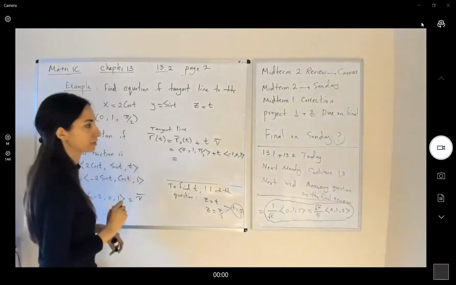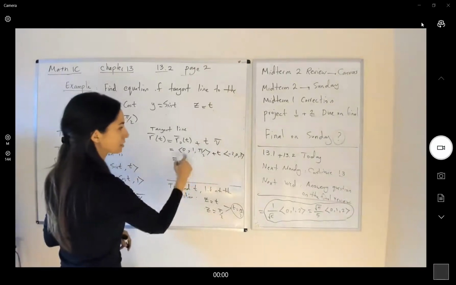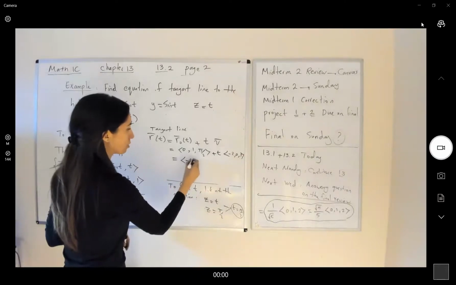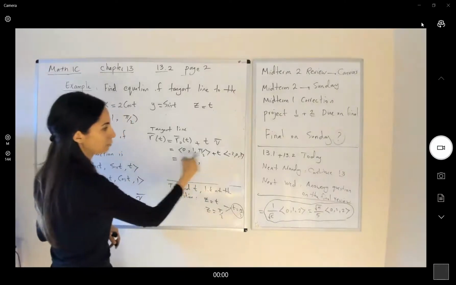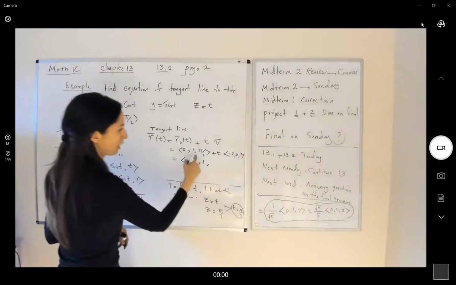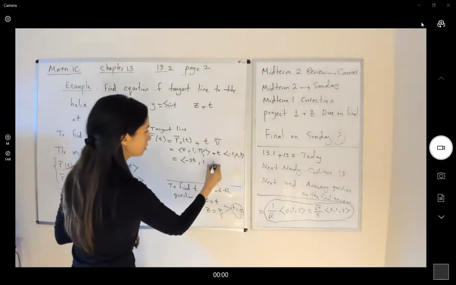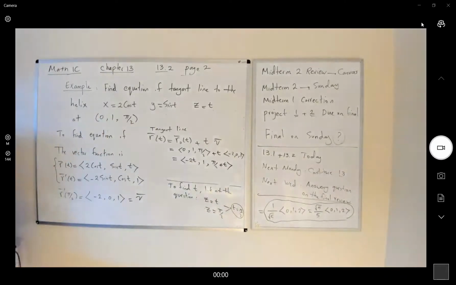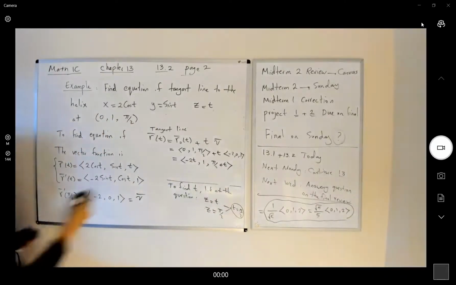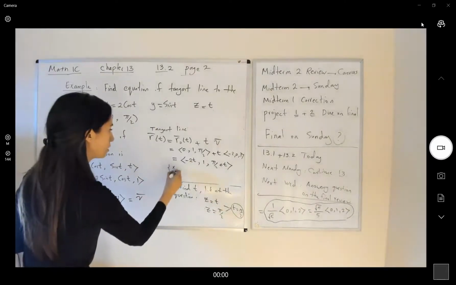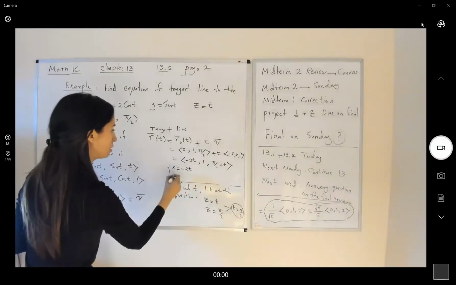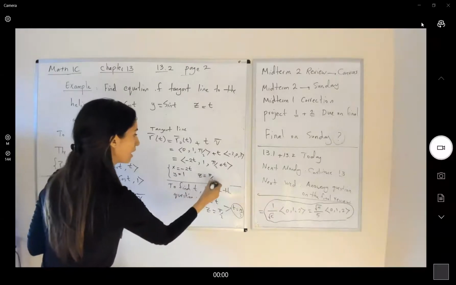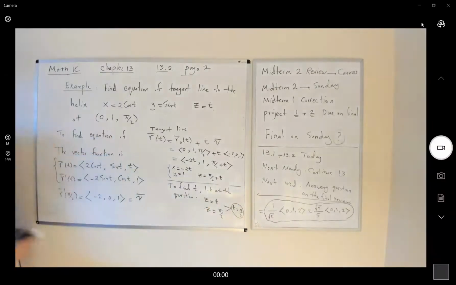So the equation of the tangent line we can write as 0 plus minus 2t, comma, 1 plus 0, and here you have pi over 2 plus t. So your x is minus 2t, your y is 1, and your z is pi halves plus t.